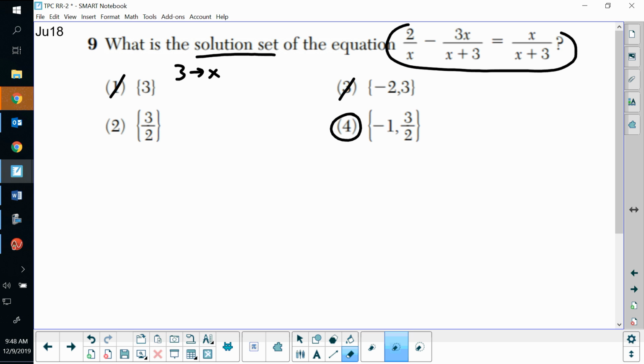Okay, to do this mathematically, you would get your common denominator. So these would both be multiplied by x plus 3, and these ones by x. You can only get common denominators by multiplying, not by adding.